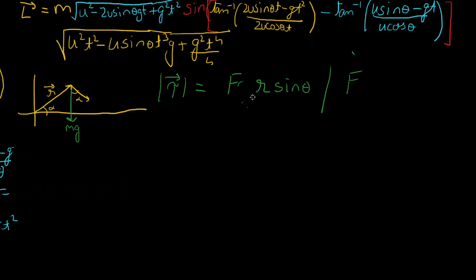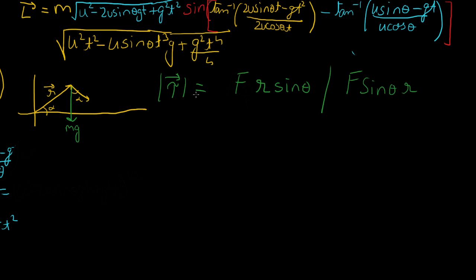Force times the perpendicular distance, or we can also use the perpendicular component of the force times the regular distance, F sine theta times r. It doesn't make a difference unless we want the vector form.